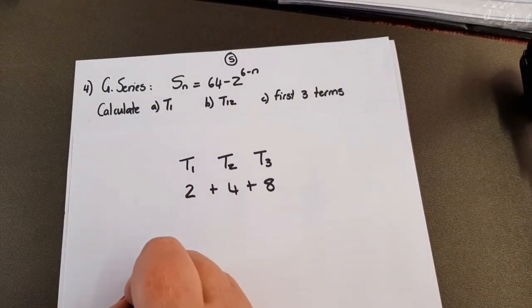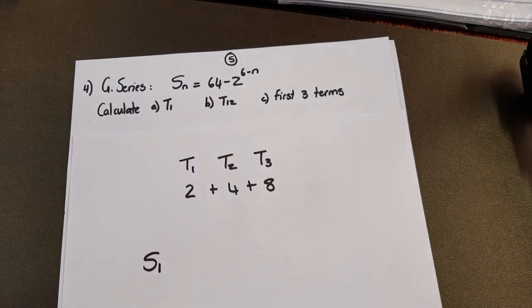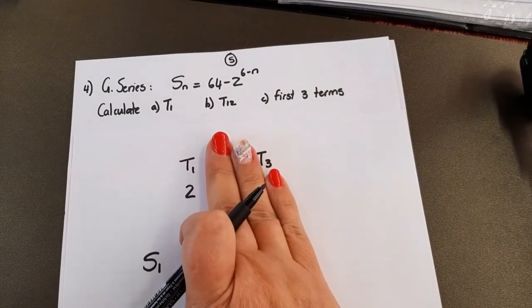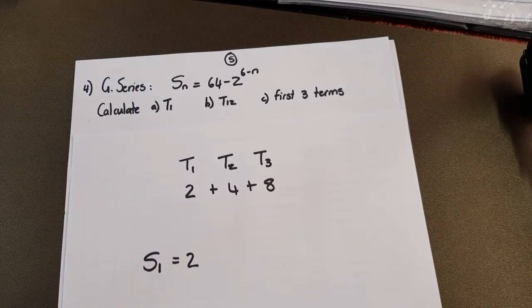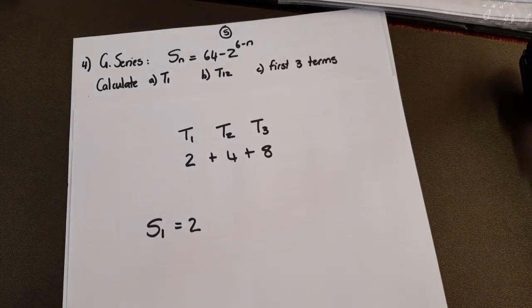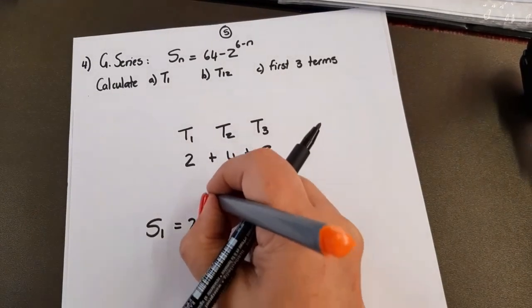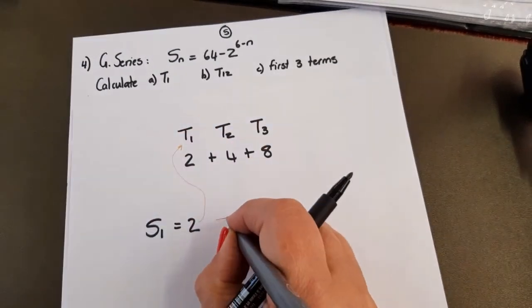So the sum of the first term will be 2. You only need to add the first term to get the sum of the first term. And this is also the same as T1.